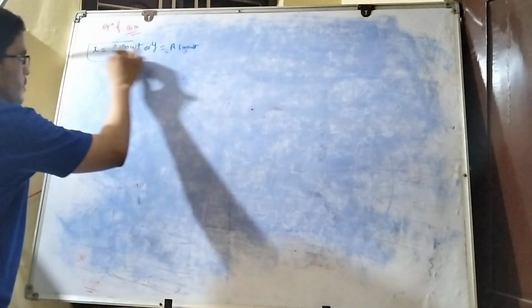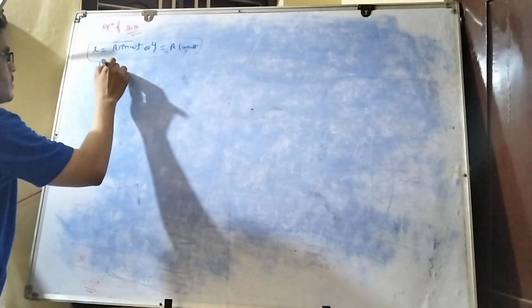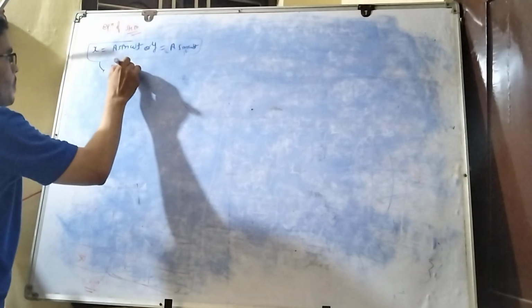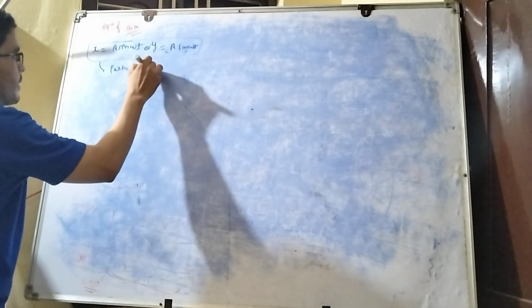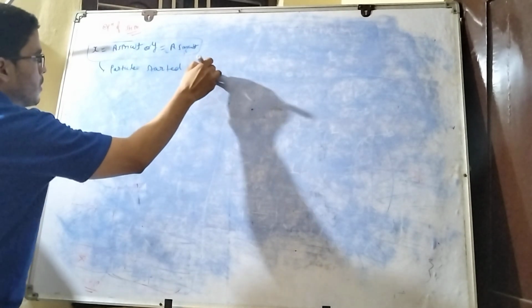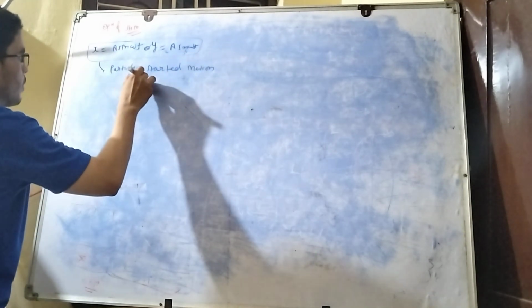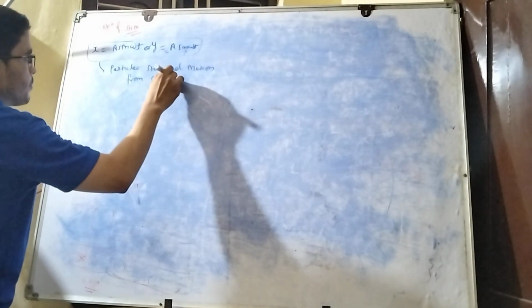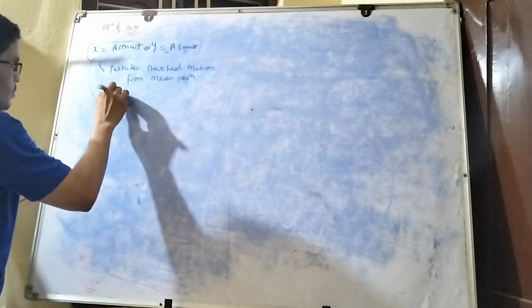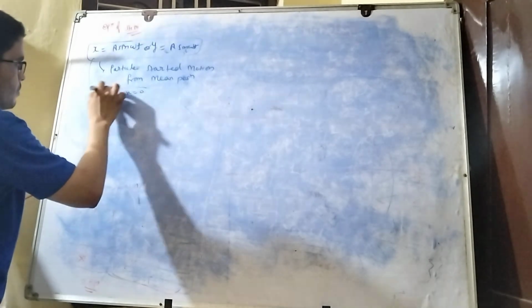So this is in which the particle started motion from mean position. Means you can write t equal to 0, x equal to 0.